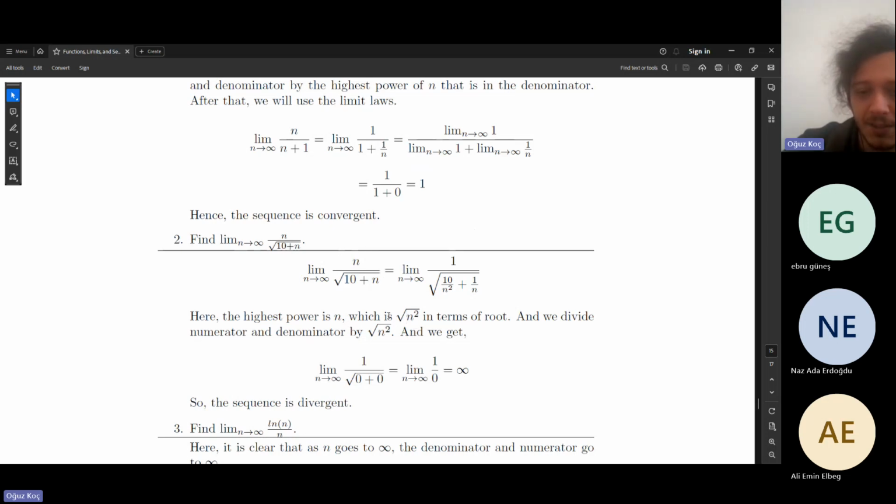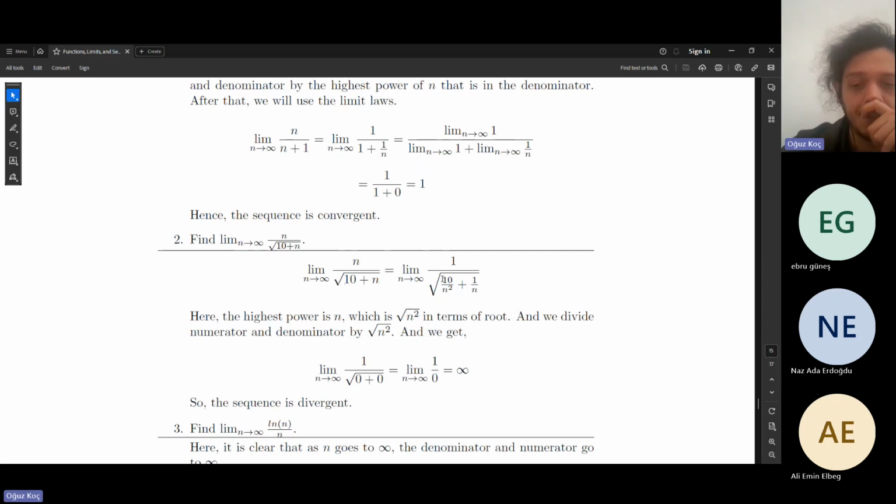We can divide both sides with this term. We know that this is equal to n. Therefore, these cancel out each other and become 1. And then we divide the lower side with the square root of n, the second power of n. We get 1 over the square root of 10 over n plus 1 over n here. And then we take the limit here.